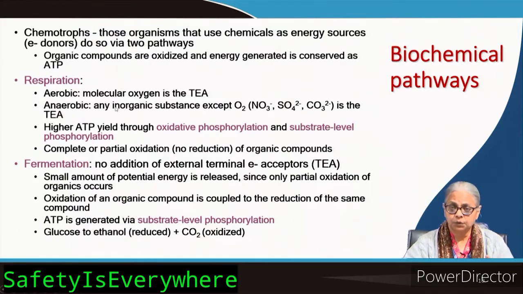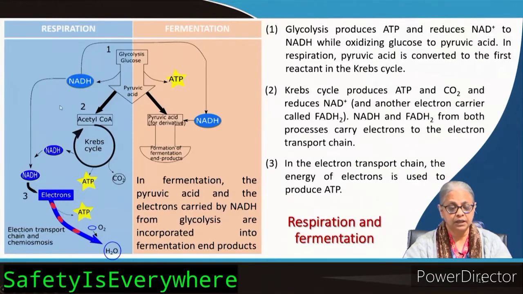If the organism uses an inorganic substance other than oxygen, like nitrate, sulfate, carbonate, as the terminal electron acceptors, then it's called anaerobic respiration. So, in the absence of oxygen, it's called anaerobic respiration. The pathways are the same. The biochemical pathways will be the same, but it is the electron acceptor at the end of the electron transport chain that is different.